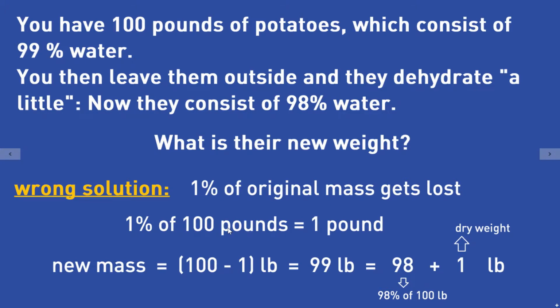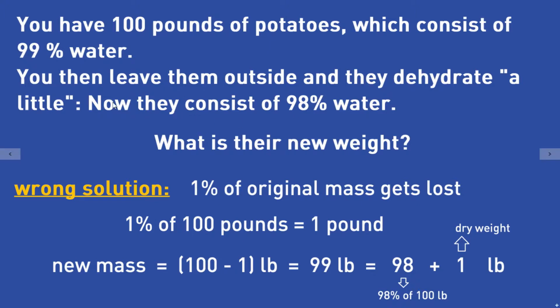But this is not true. The 98% do not refer to the original weight of 100 pounds. When reading the problem carefully, we find out that the 98% refers to something other than the original weight.